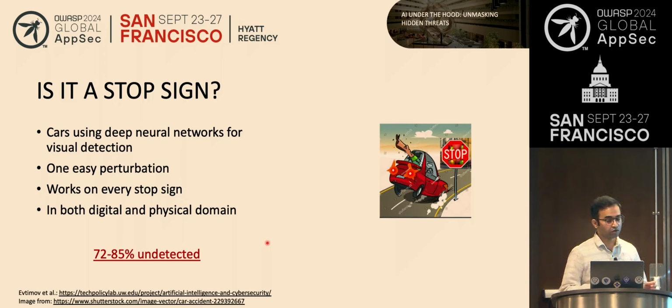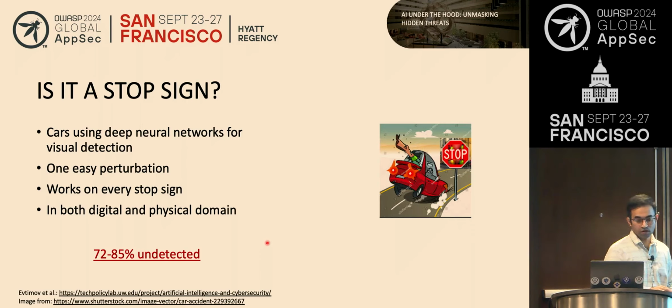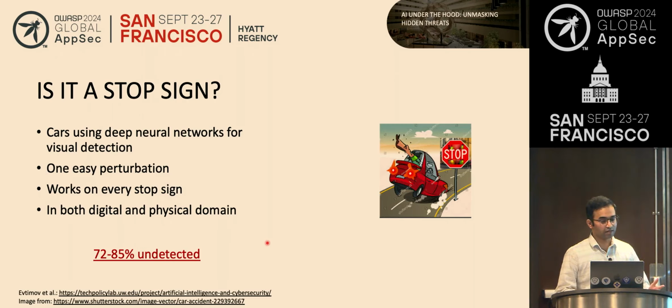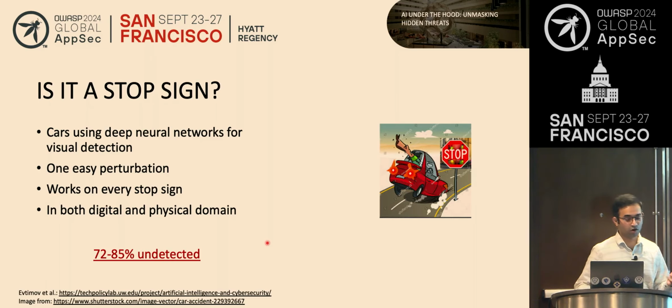According to one of the studies, close to 72 to 85% of such situations can go undetected. So this is one sign that an easy perturbation can throw off the classification in an AI system.